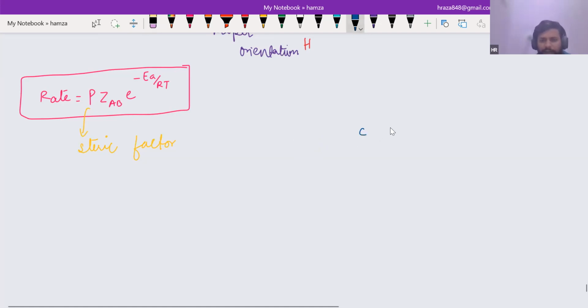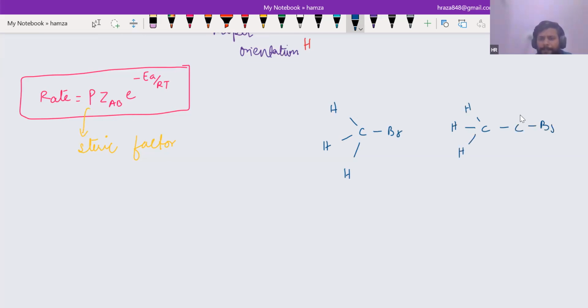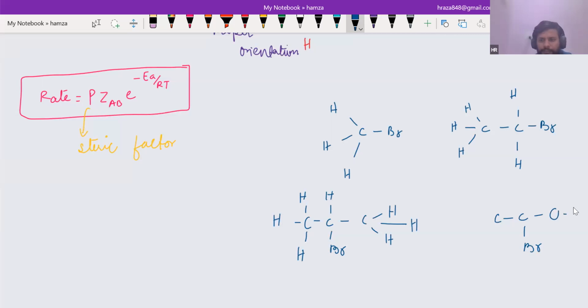This is Br. It's the example of an SN2 reaction that we have already covered, and then I took this example, and then I took this example.